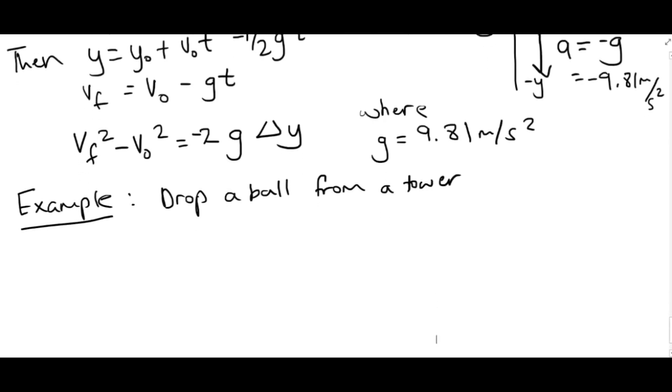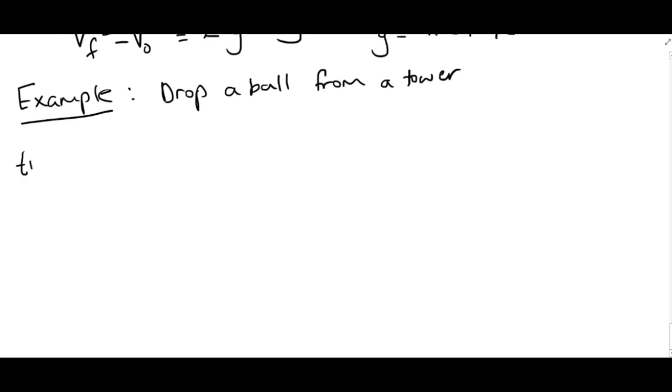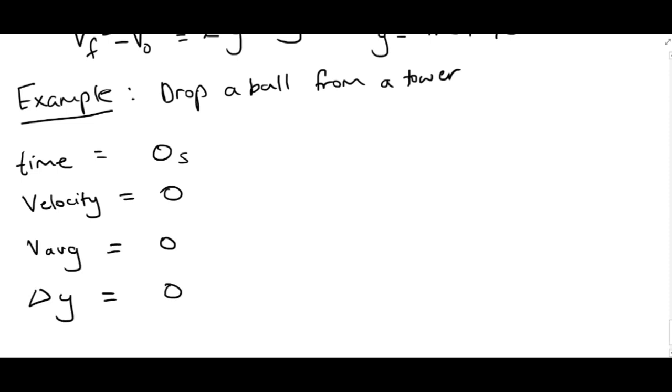For example, if we drop a ball from a tower, at time 0 seconds, the velocity will be 0, average velocity will be 0, and delta y will be 0. At time 1 second, velocity will be negative 9.8 meters per second, average velocity will be negative 4.9 meters per second, and delta y will be negative 4.9.